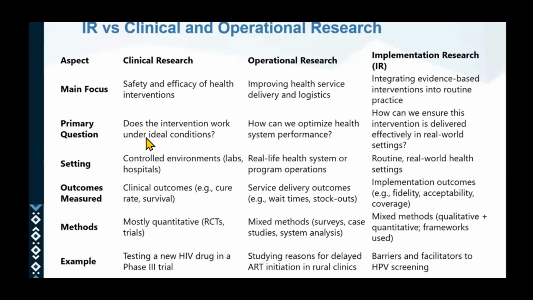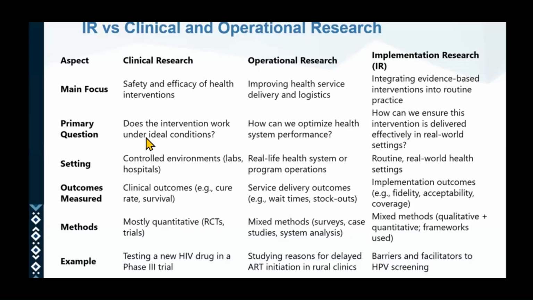You cannot totally implement implementation research without the use of theories, models, and frameworks, just like we saw in our previous lesson. An example of clinical research is testing a new HIV drug in a randomized control trial. Whereas an operational research example can be studying the reasons for delayed ART initiation in rural clinics.